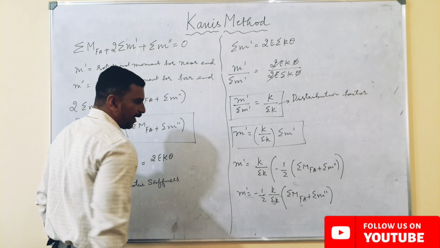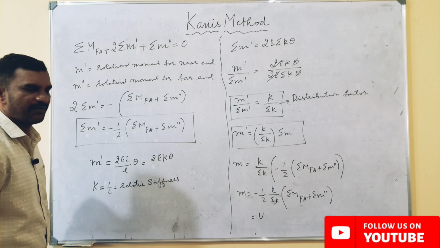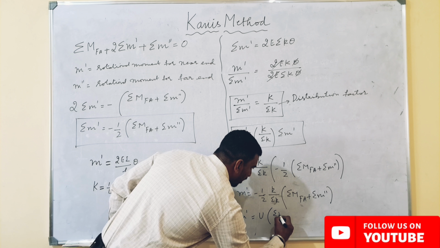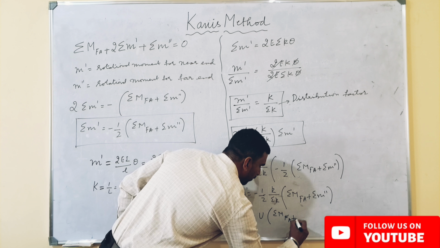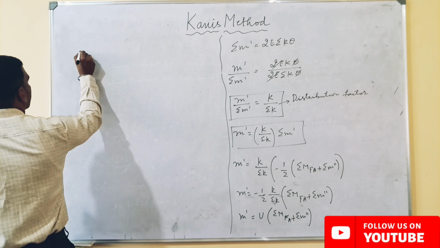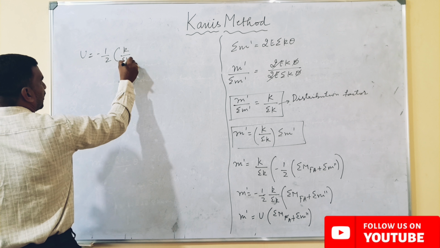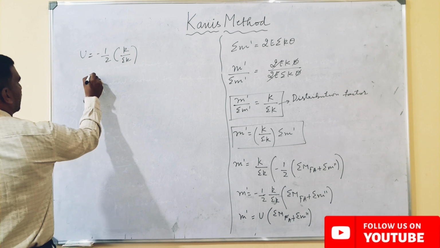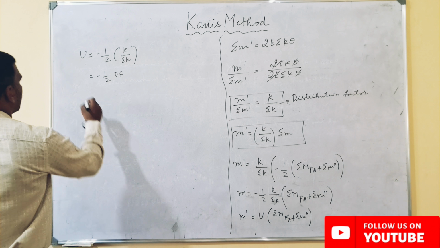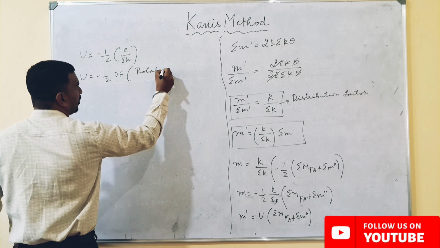So this minus half into K by sigma K can be rewritten as U, which is the rotation factor. So M dash is equal to U into sigma MFA plus sigma M double dash. This U is nothing but minus half into K by sigma K, or we can also call it as minus half into the distribution factor. So this U is called as the rotation factor.